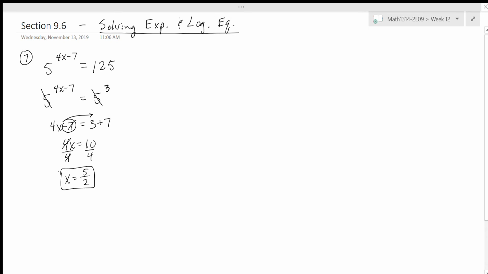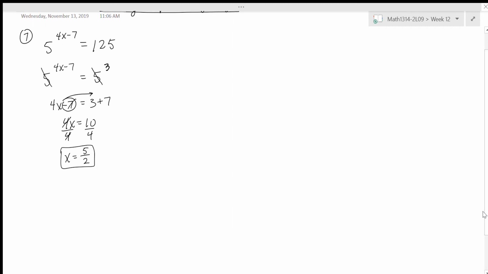Five halves? Anybody have any questions? Did that seem to be pretty easy? That's not terribly difficult. However, there is a downside to that technique.